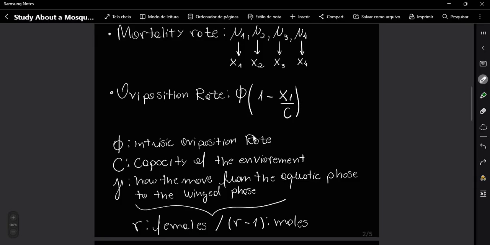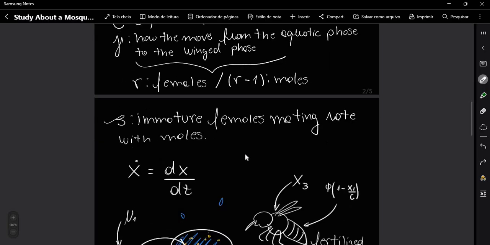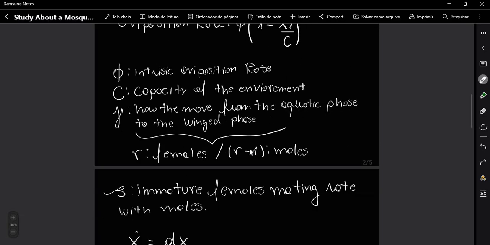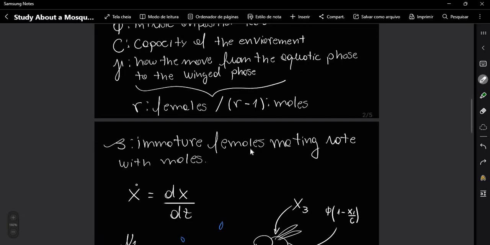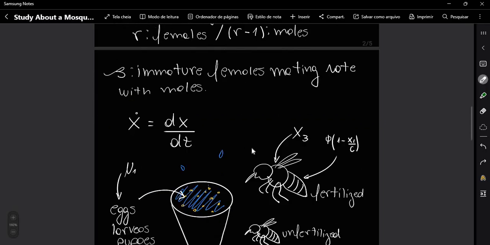We got gamma, which is how they move from the aquatic phase to the winged phase, and these are all rates. We got R, which represents females, and R minus 1 representing males.